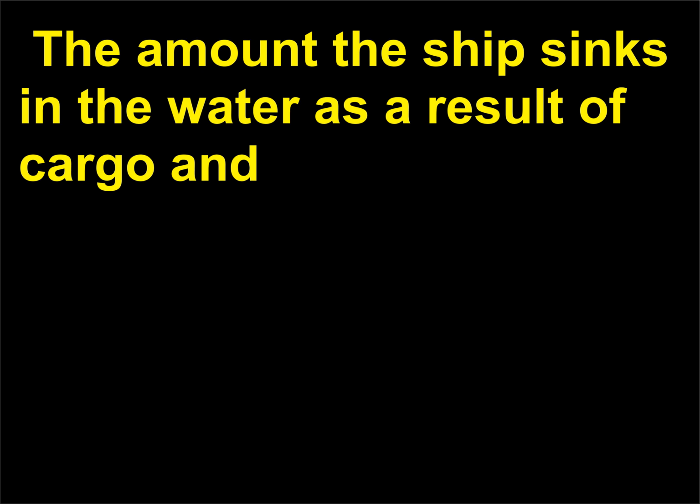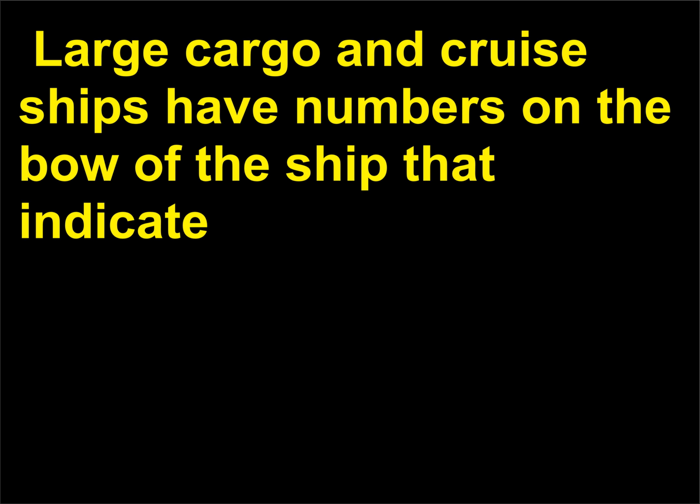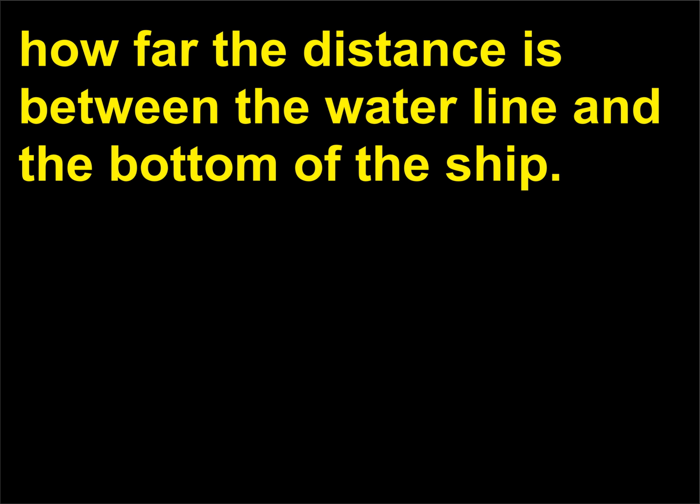The amount the ship sinks in the water as a result of cargo and passengers can be critical for navigation and maneuverability. Large cargo and cruise ships have numbers on the bow of the ship that indicate how far the distance is between the water line and the bottom of the ship.